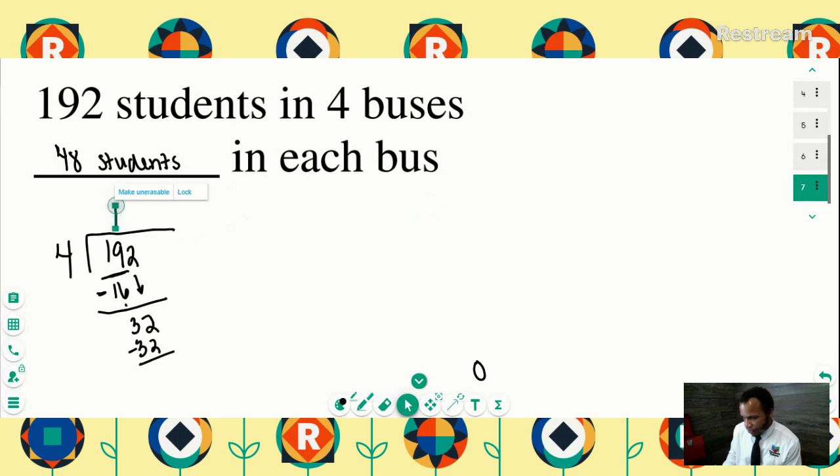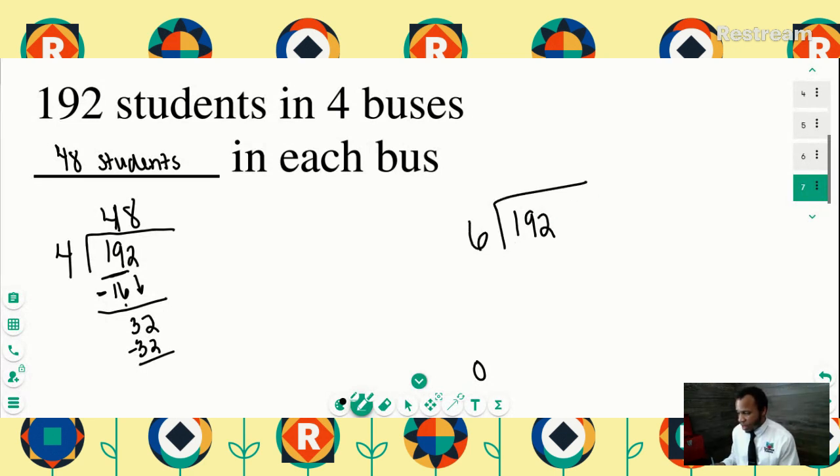All right, so now let's say we have the same situation. We have 192 students, but what we want to do is split them among six buses.